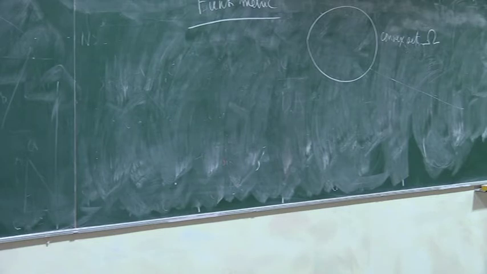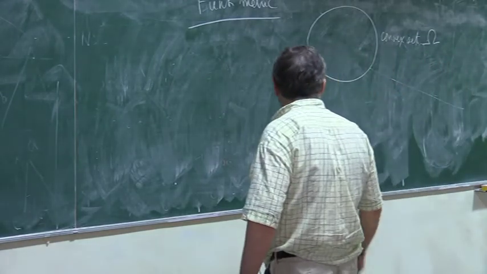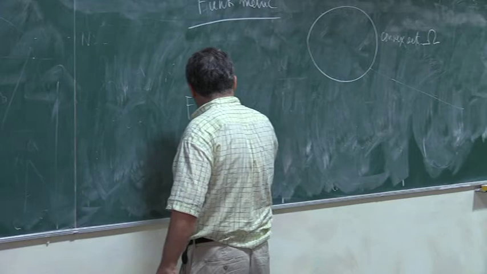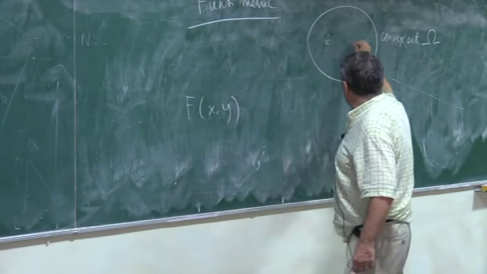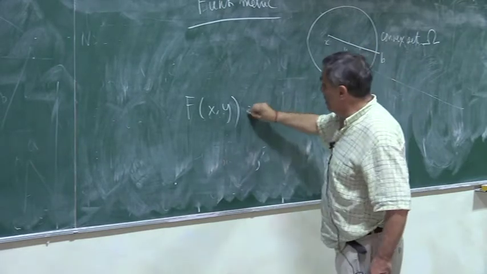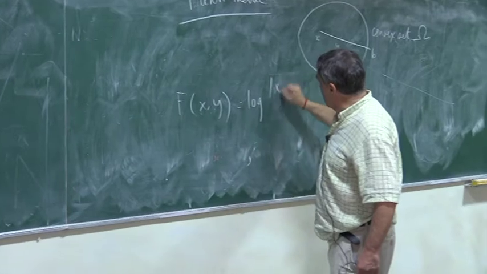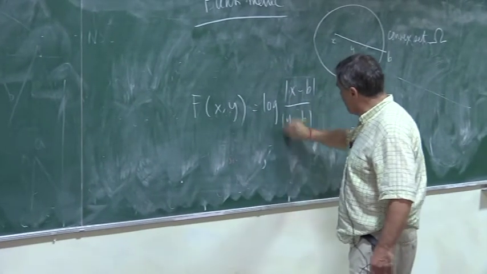In the plane, it's already interesting. We don't have to think about 3 dimensions. And the formula was f of xy for 2 distinct points x and y. The formula was the log of the Euclidean distance from x to b divided by the Euclidean distance from y to b.